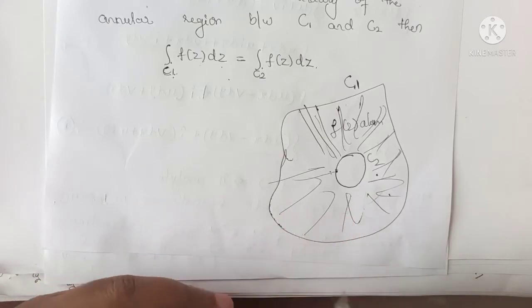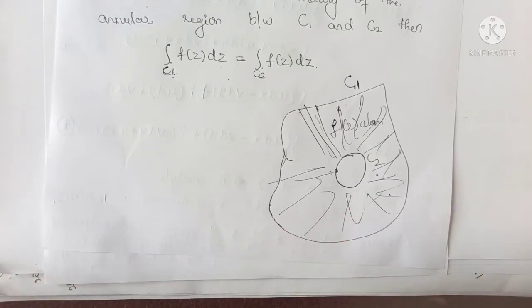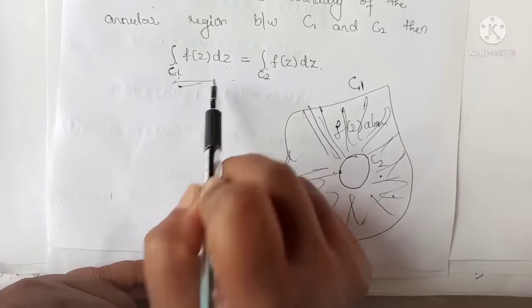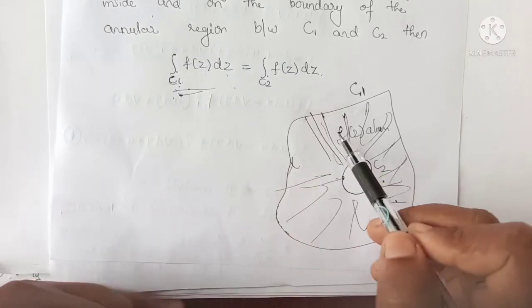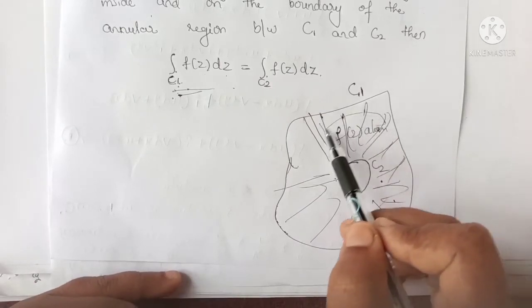That is, when a curve is enclosed within another curve, the integrals over the region between c1 and c2 are equal. You can integrate along the curve c1 or along the curve c2 when f(z) is analytic within this region.